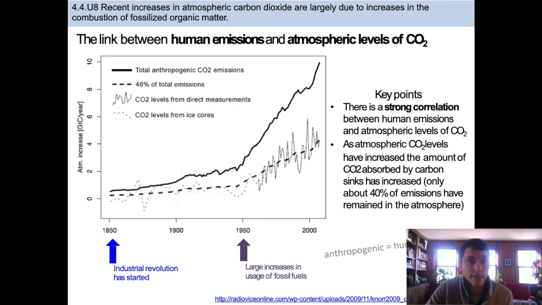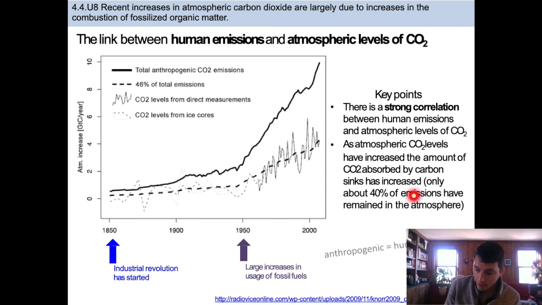Some of that carbon dioxide in the atmosphere, though, because of what we know about the carbon cycle, is not all going to stay in the atmosphere. Some of it is going to get absorbed into plants, but also a pretty large portion of it is going to get absorbed into other sinks, such as the oceans. So the oceans are also going to have increased CO2 levels.